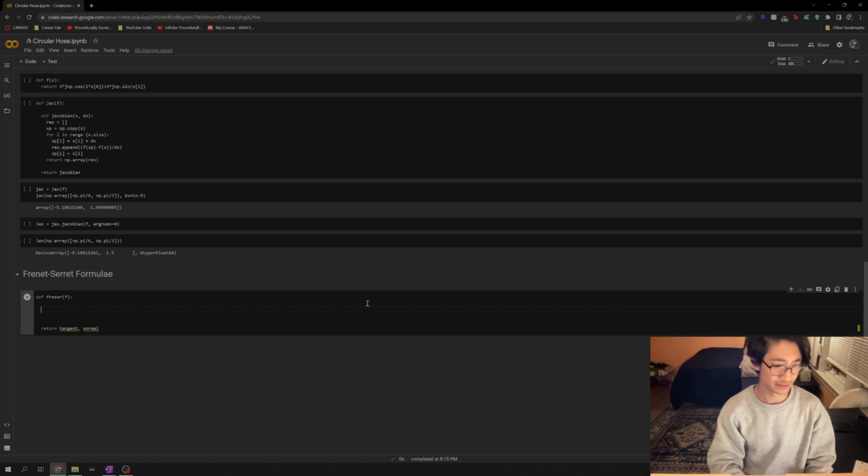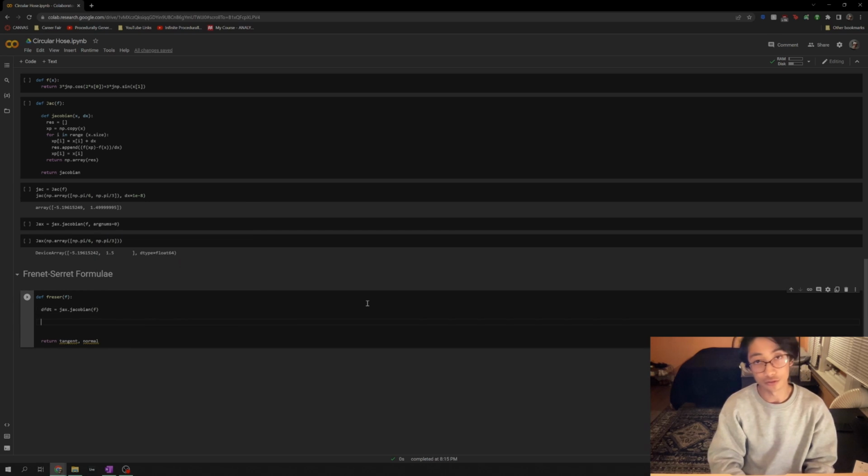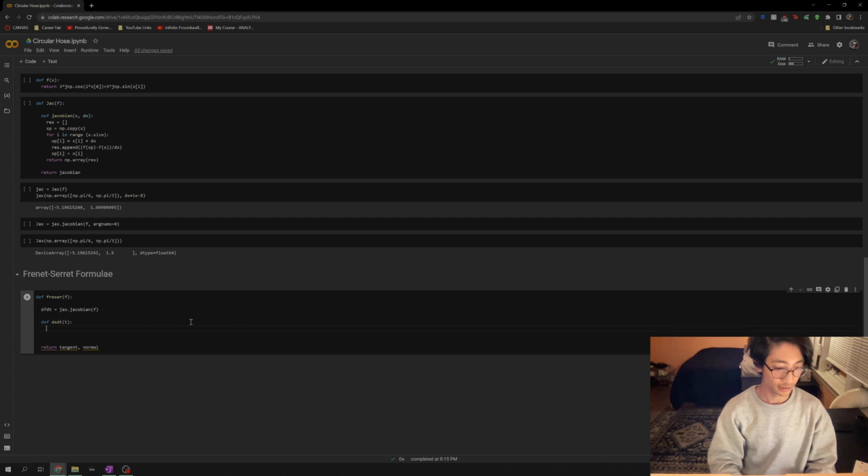So let's call that df_dt, and that would simply be equal to the Jacobian of our function f. There we go. Now we need to find out how to calculate ds over dt. So let's do that by using a function. Let's call it ds_dt, and this function would take time as an input, and we want this to return the magnitude of df_dt.